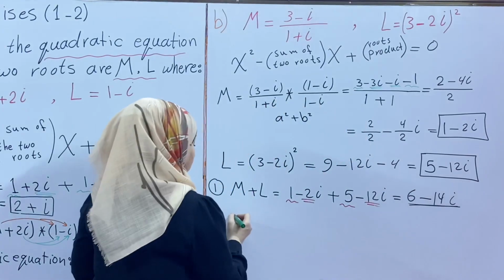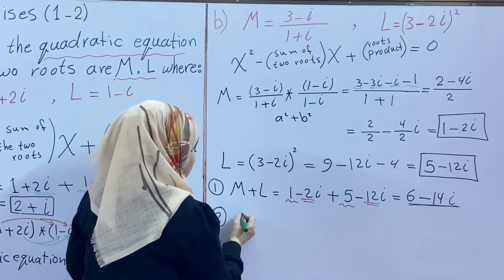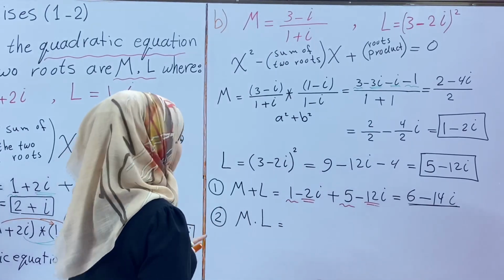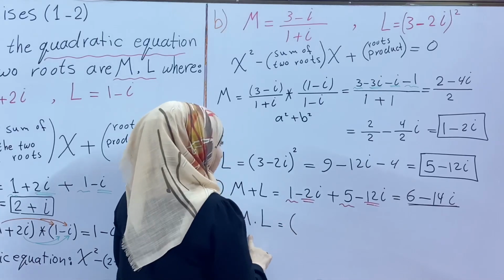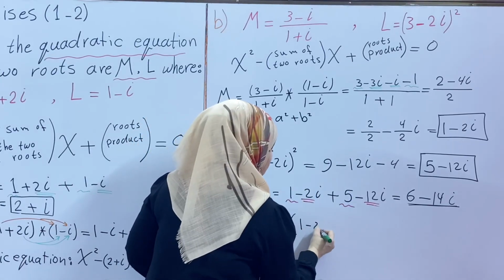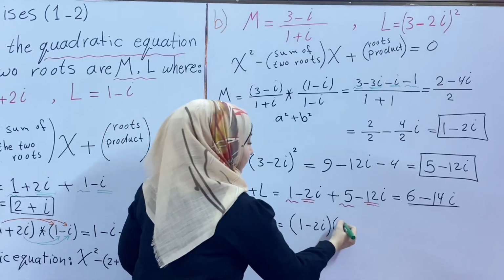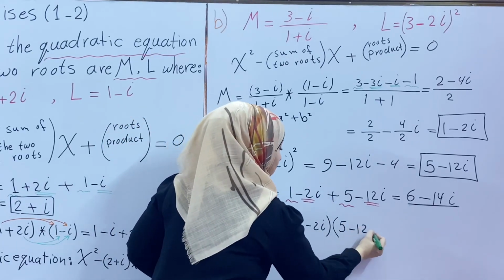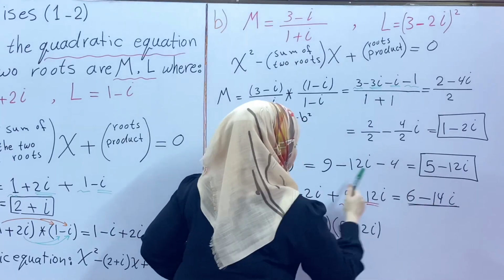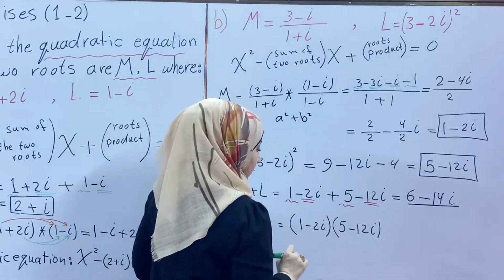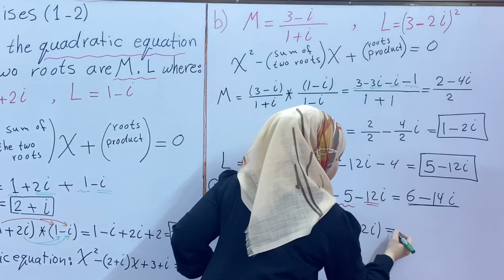And now we want to find the product of the two roots. M multiplied by L equals: M equals 1 minus 2i multiplied by L, 5 minus 12i. This is the value of L. And we can use the distribution property.